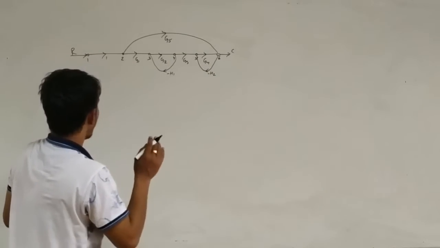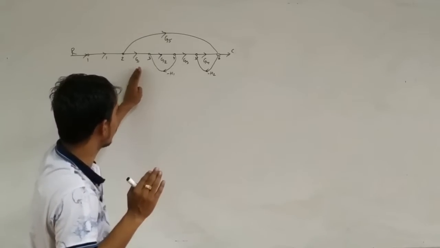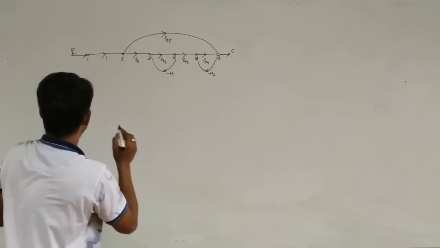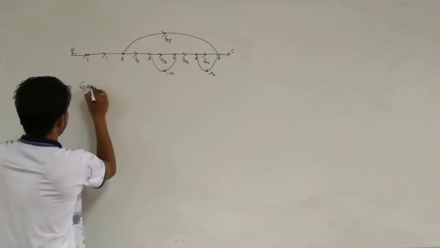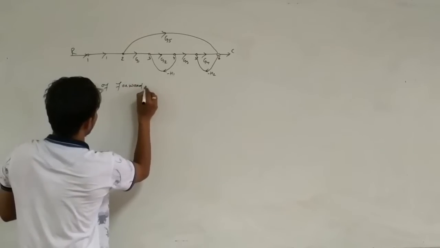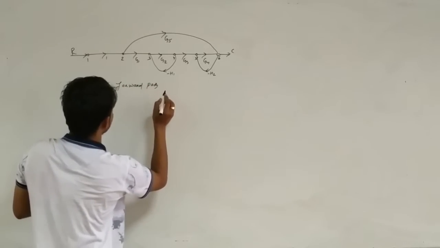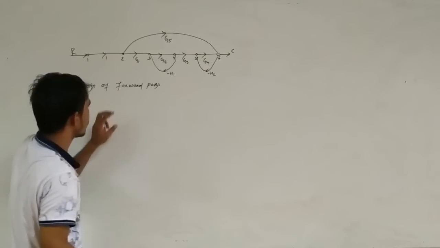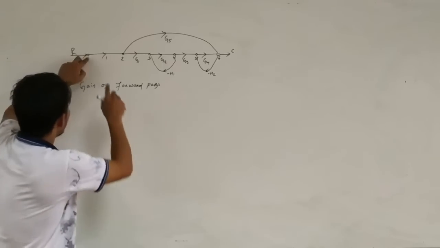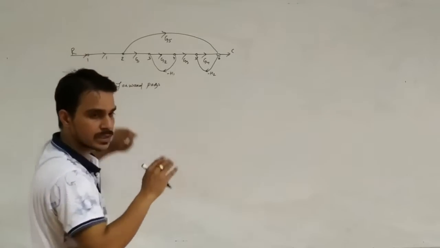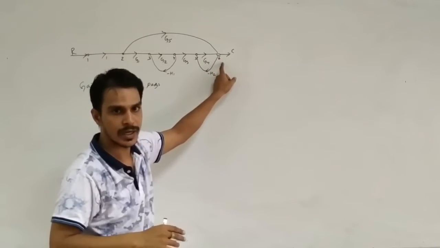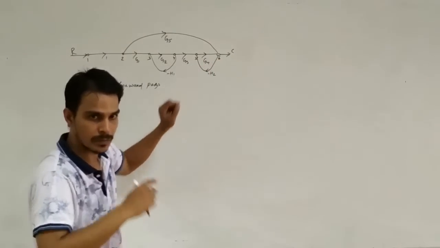How will we find the transfer function? First we have to find the gain of forward paths. Gain of forward paths means how many ways the signal can travel from input node to output node, and what will be the gain of that particular path.